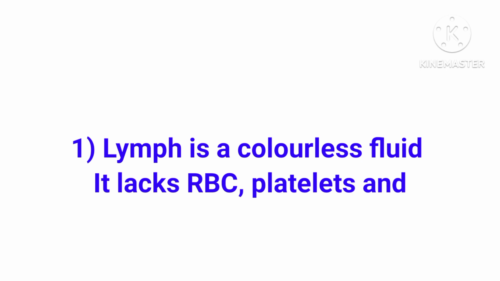It lacks RBC, means they are colorless because they lack red blood cells. Platelets means these are colorless, non-nucleated, round. They are formed from megakaryocytes produced in the red bone marrow by fragmentation.